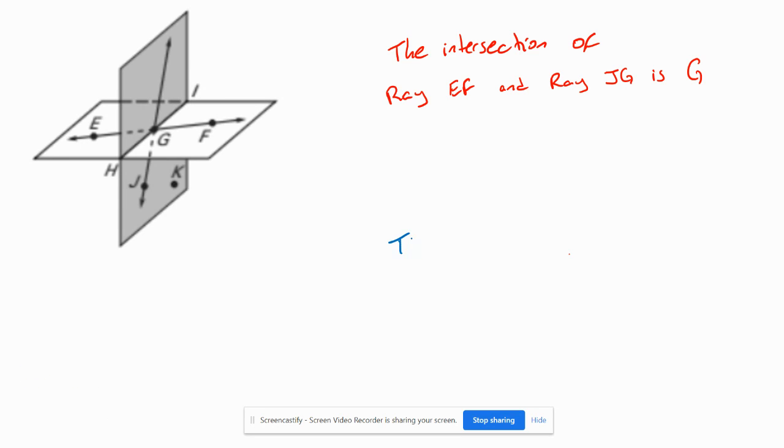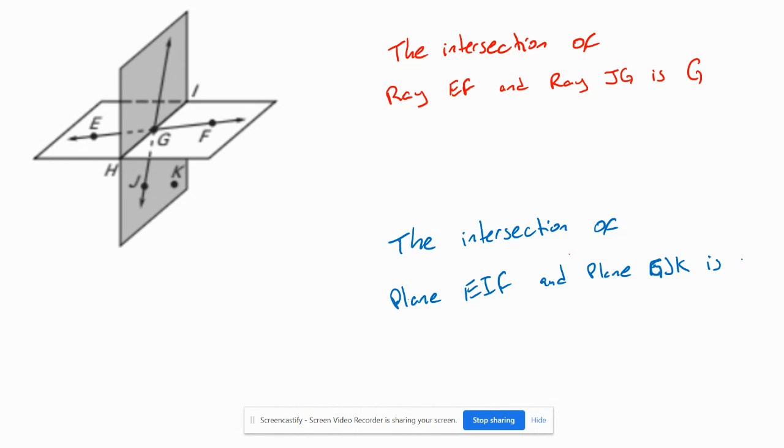Let's use planes this time. The intersection of plane EIF and plane, let's call this GJK, is line EF.